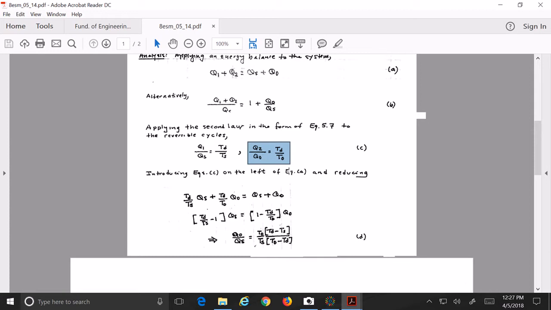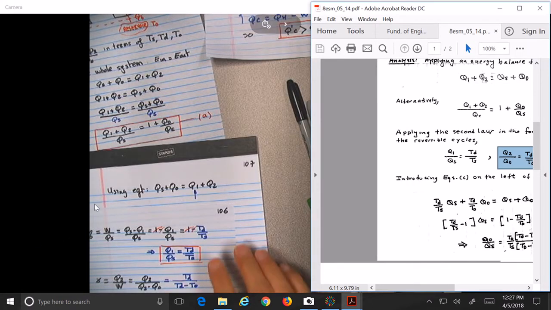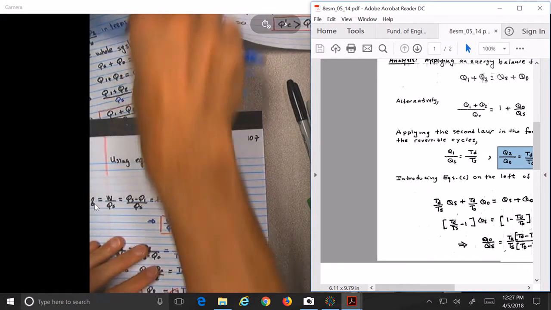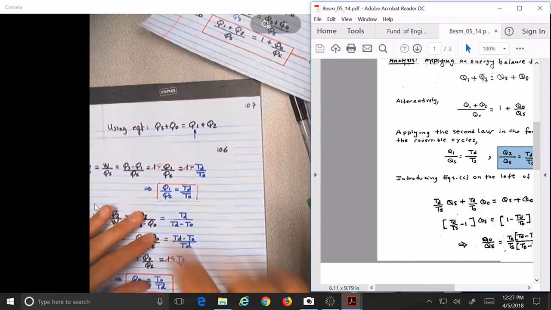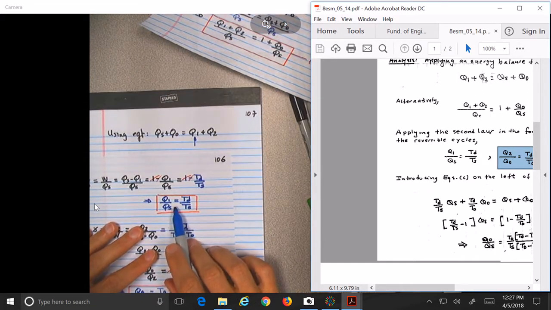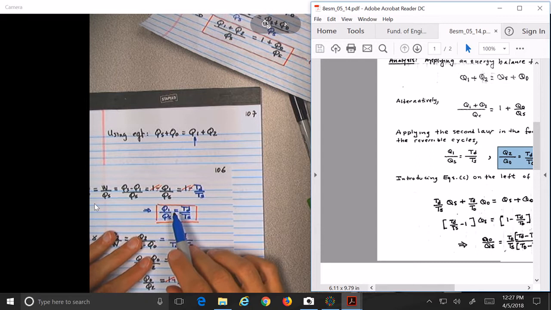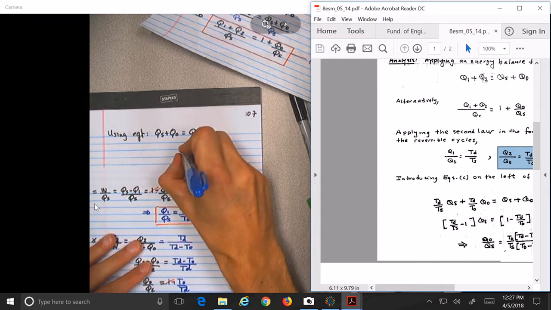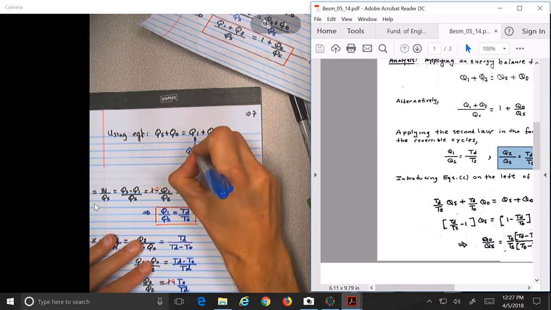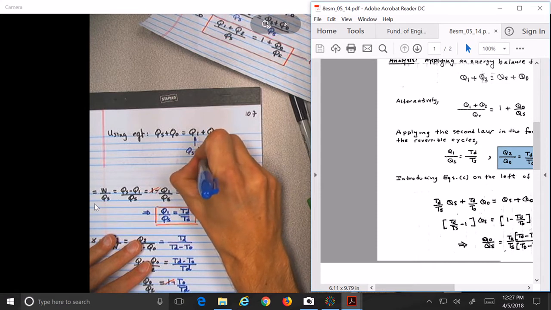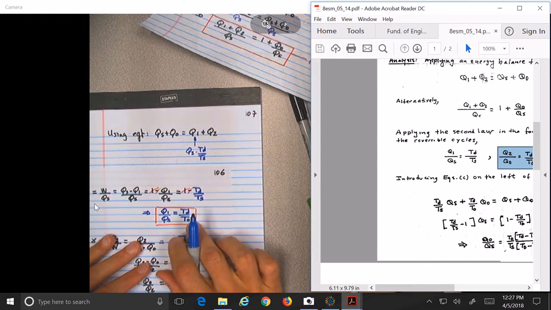if we use that equation, what is Q1? Q1 becomes QS TD over TS, okay?